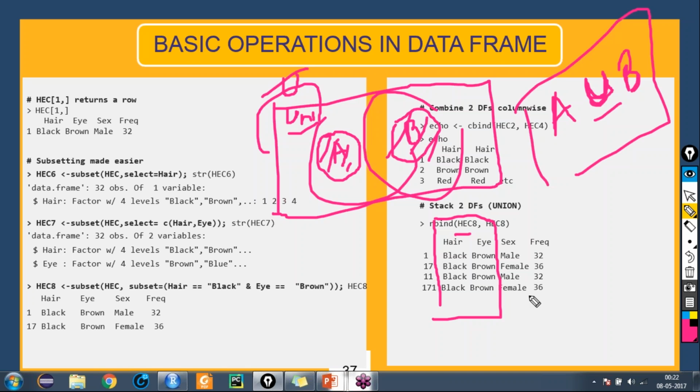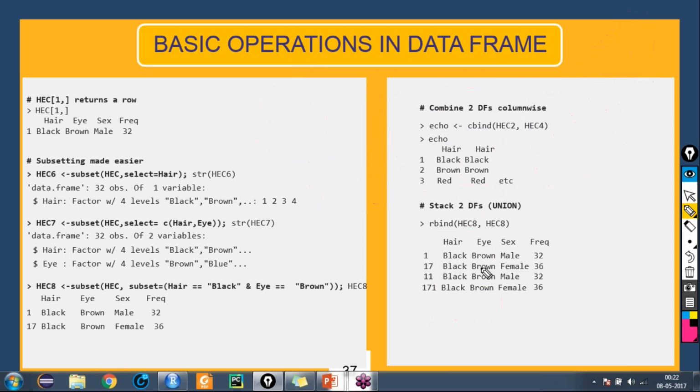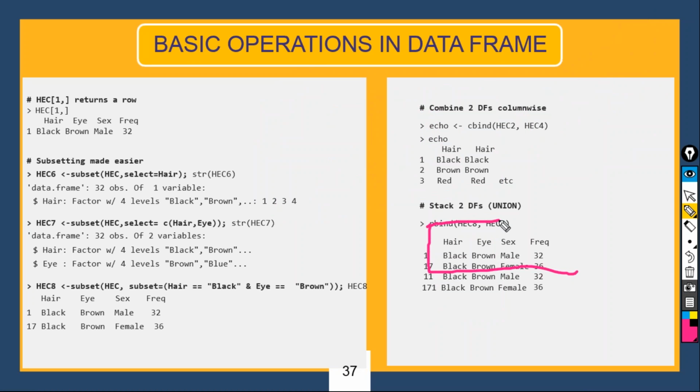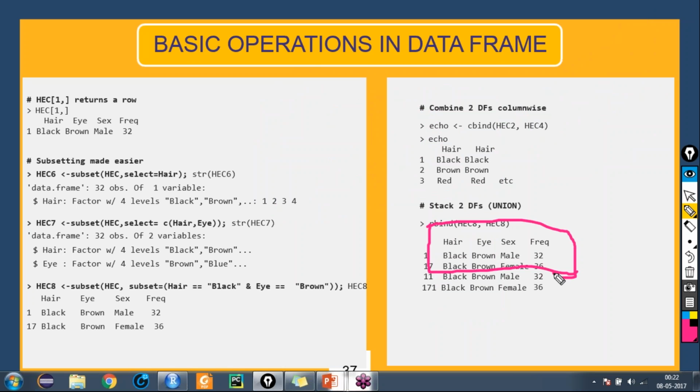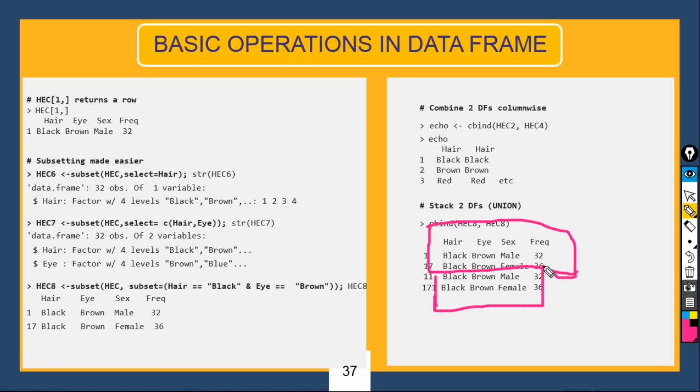So Hex A contains this part, right? Because this is a stacking of two. Union means stacking. So these are the elements of Hex A, Hex 8, and this is again repeating it because we are combining two Hex 8.